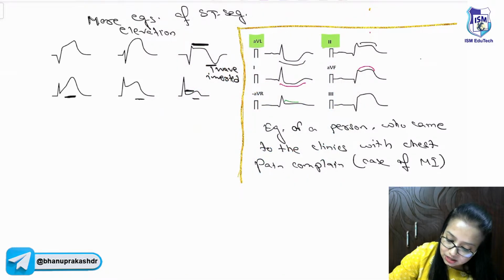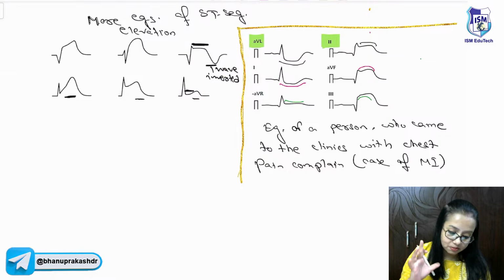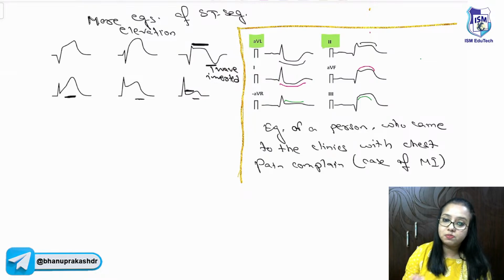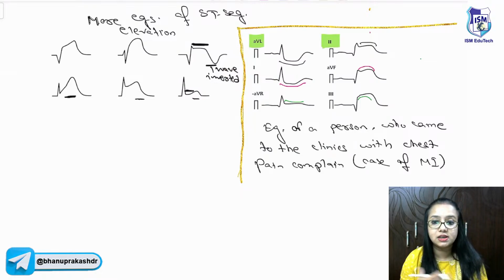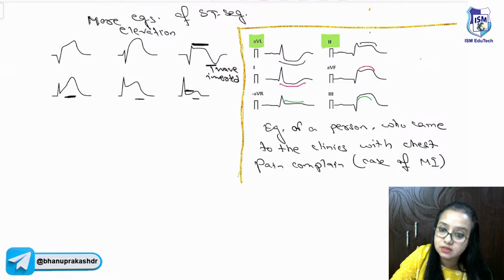In one there was elevation, in the second there was depression. So whenever there is a myocardial infarction and ECG is done immediately, it is seen that in one lead there is elevation and in the reciprocal lead there is depression. This is how a person who suffers from anginal pain comes and does the ECG immediately, and the ECG reflects the waves of this pattern.